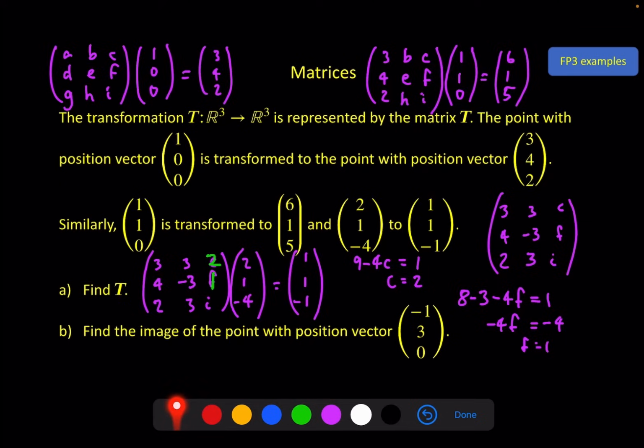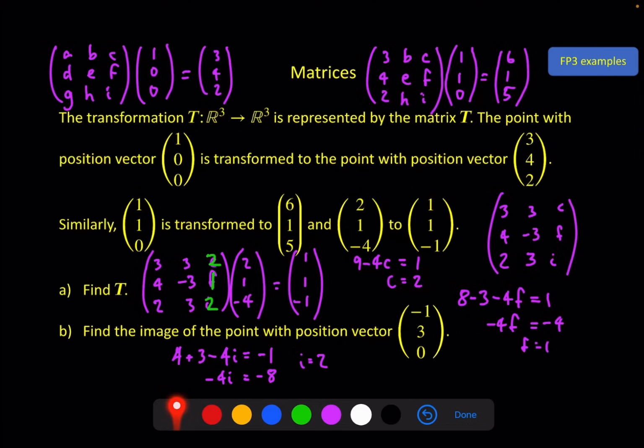The last one, 4 plus 3 minus 4i must equal minus 1. So our final answer of the matrix T is 3, 3, 2, 4, minus 3, 1, 2, 3, 2.